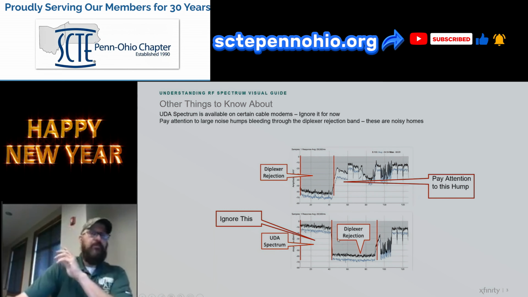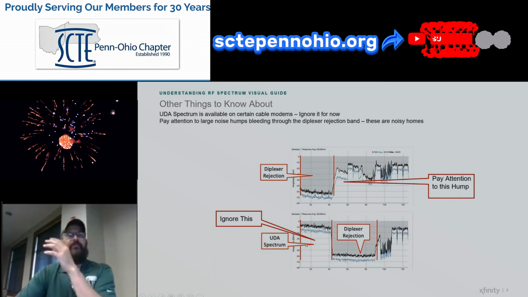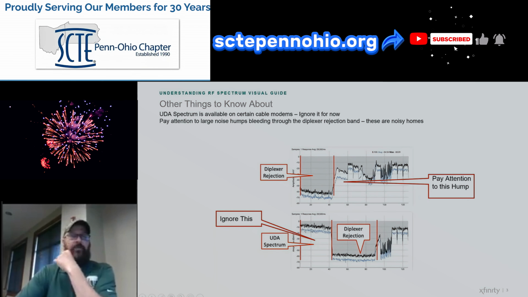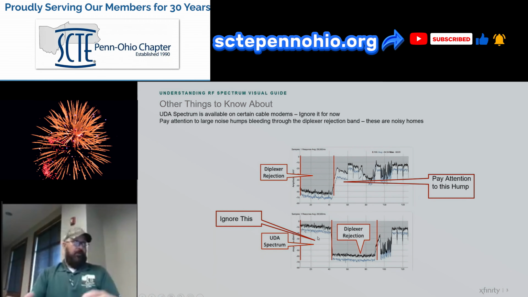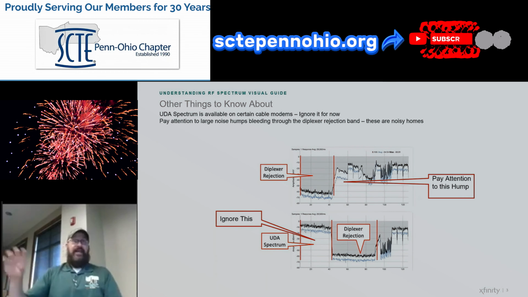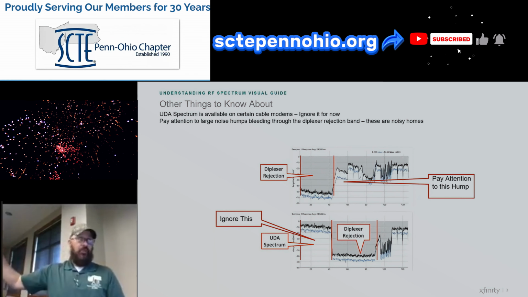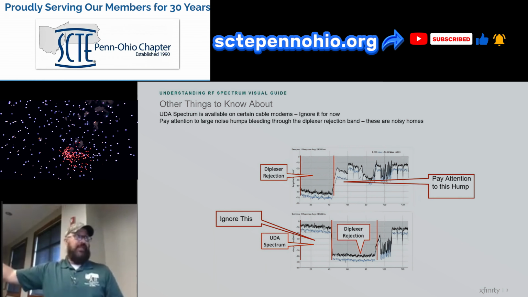However, this particular type of device has something called UDA, which stands for Upstream Diagnostic Analyzer, and in the future, the working group is working on the math to actually represent the return portion of the spectrum inside that house from that device. Now, how cool is that?